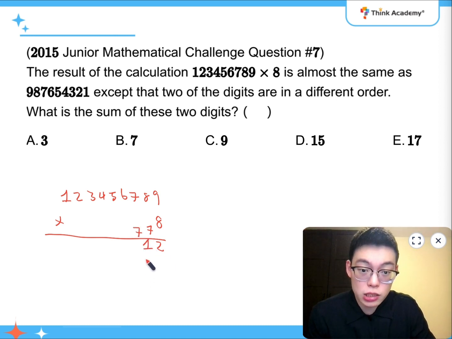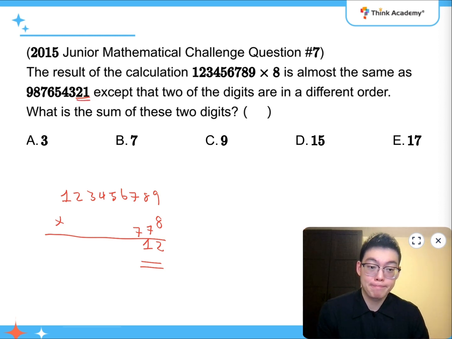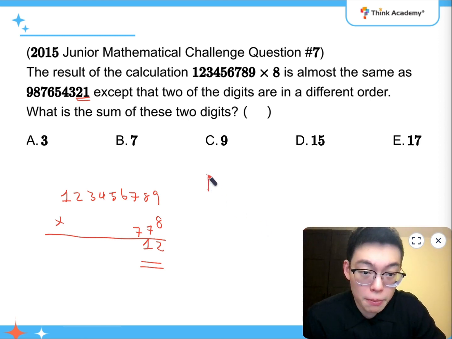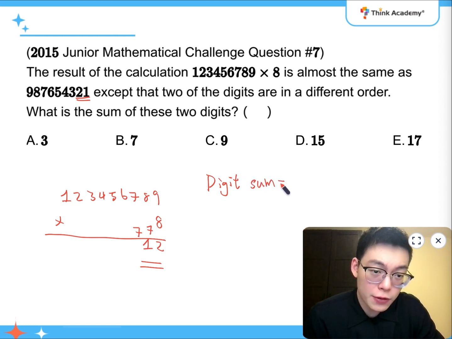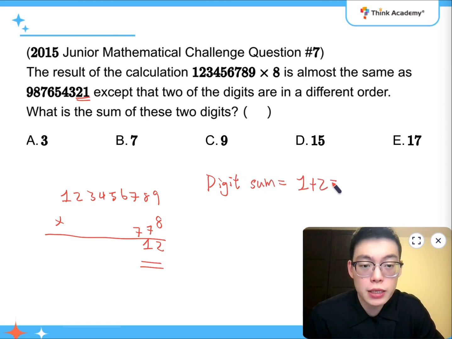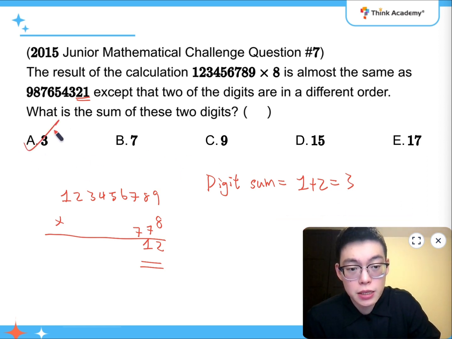So it's going to end with 1 and 2 instead of 2 and 1. Which means that those are the 2 digits that are swapped. So the digit sum is definitely going to be 1 adding 2, that is 3. Right? So the answer is 3.